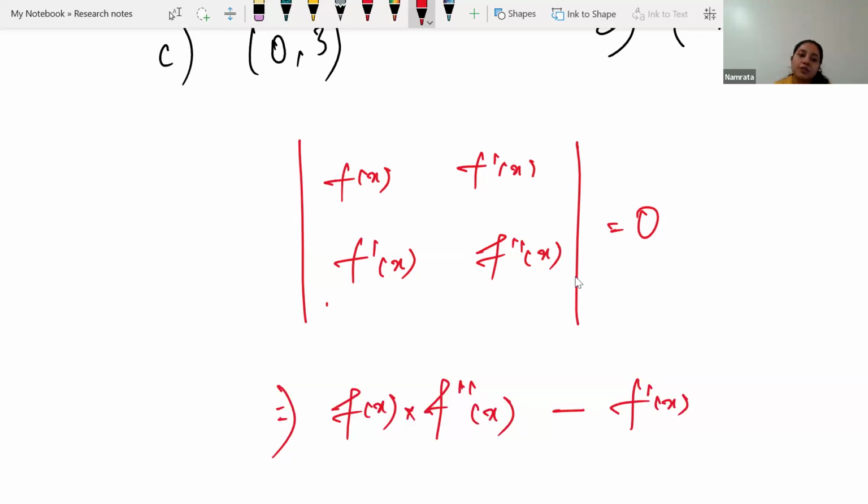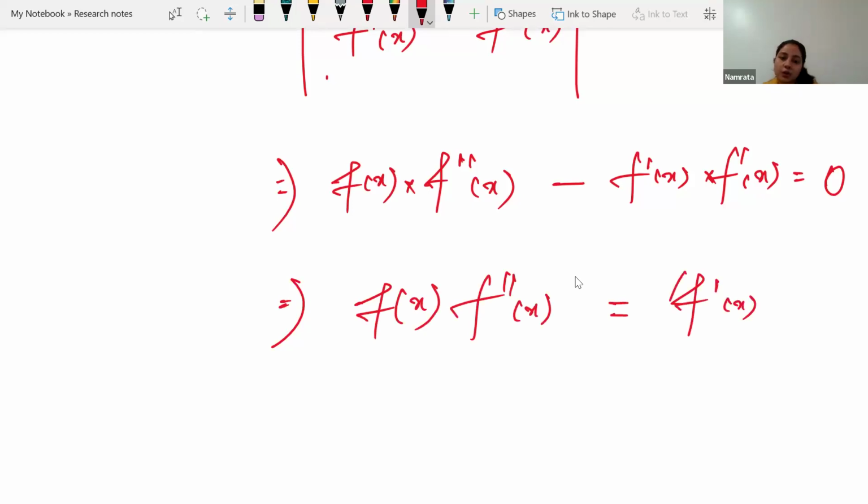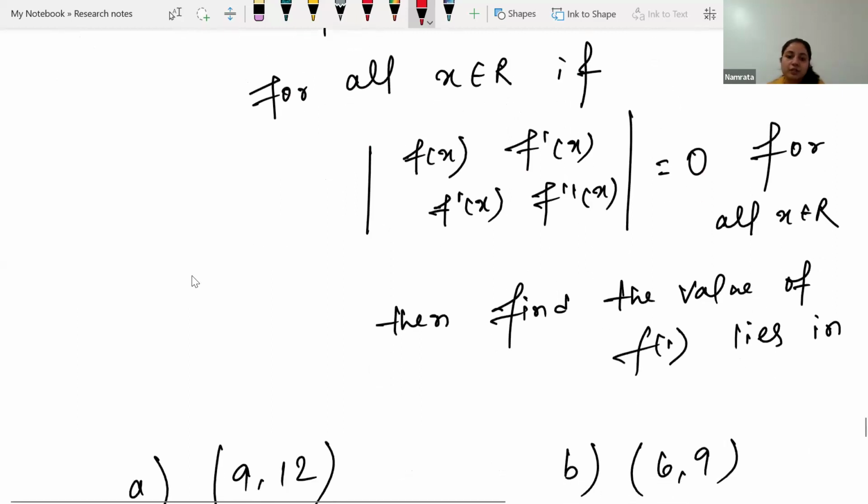So we have just solved the determinant. After this, we can write f of x times f double dash x is equal to f dash x whole square. Let me check whether I have taken the determinant properly: fx, f dash x, again f dash x, yes, it is perfect.